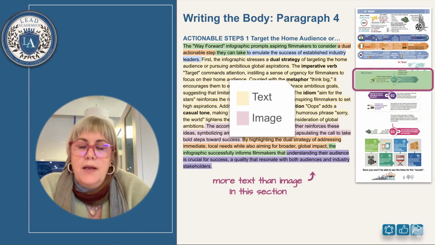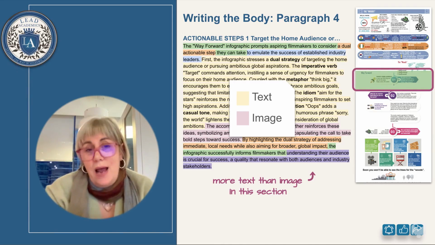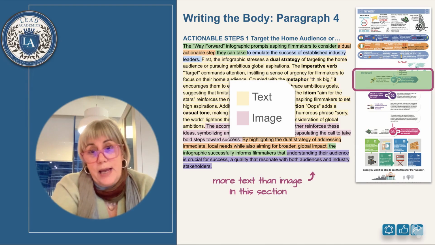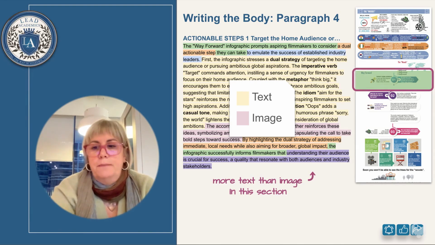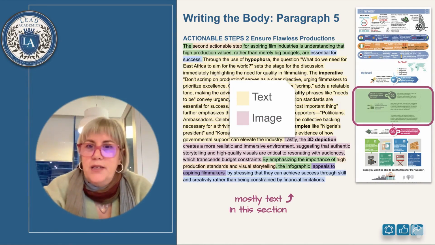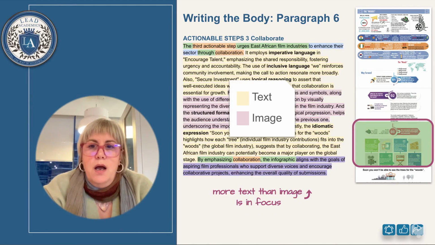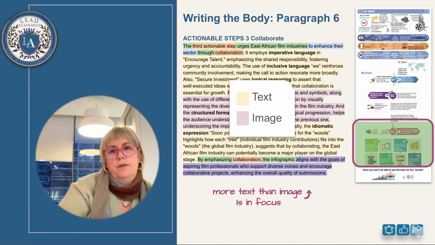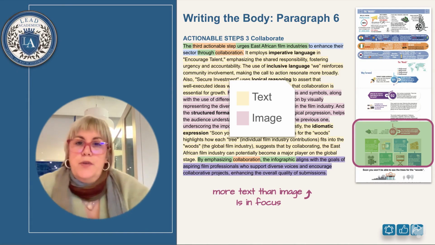I think there is one graphic and the rest is mostly text. And that's why the analysis has more text than image in the section. Body paragraph 5, lots of text here, mostly text in this section. And paragraph 6, there's 50-50. There's 50% text, 50% image.